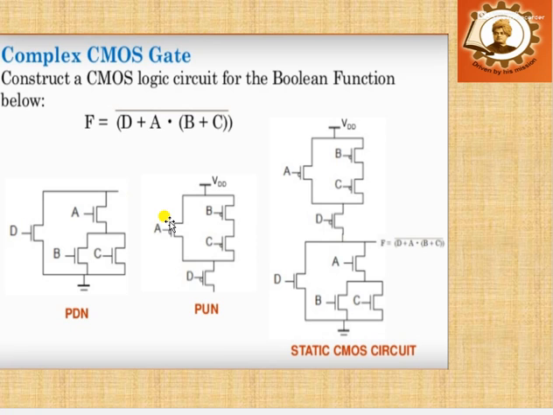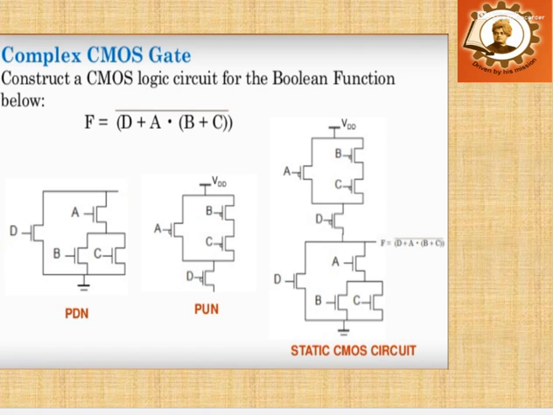So in that figure, the middle figure shows your pull up network connection. Then combine this pull up network and pull down network, you will get the total internal circuit, and we will get the output voltage at the junction of pull up and pull down network. This is shown in the figure.